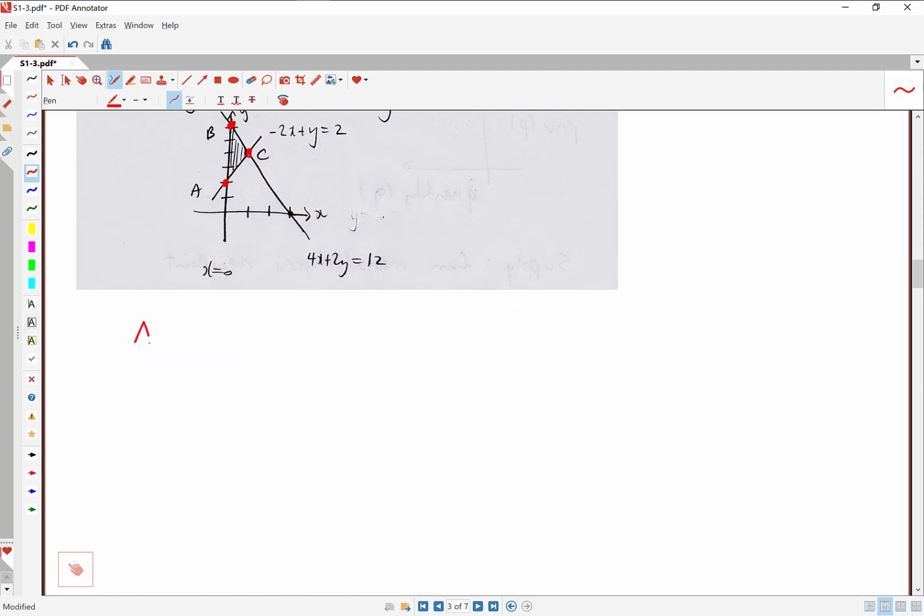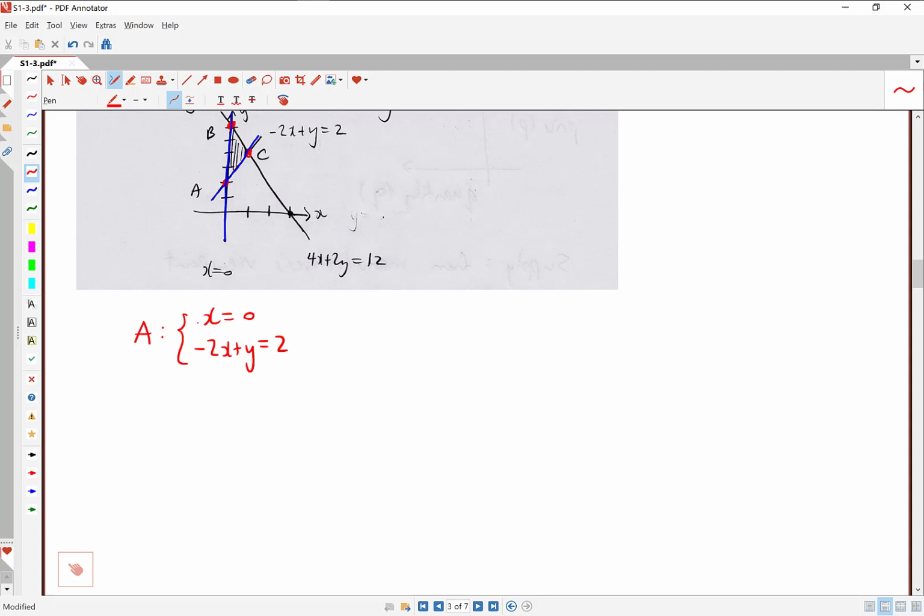Let's start with point A. Let's think about what lines it's on. Point A is on the line x equals 0, which is this vertical line here, and it's also on this line -2x plus y equals 2. So to solve for A, we're trying to solve the system x equals 0, -2x plus y equals 2.